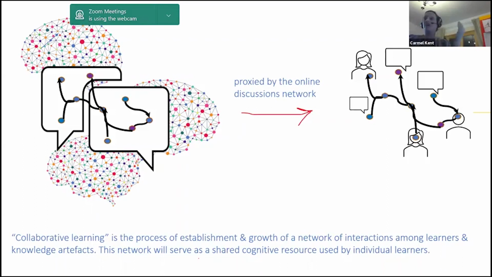So many interactions. I put a post, Mark reads the post, he has a new idea, so he puts another post, and then Mutlu would read both their posts and maybe would integrate them into one new idea, so that we have a network of interaction that is growing among learning and knowledge artifacts.